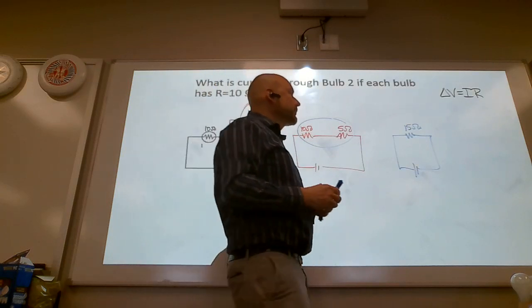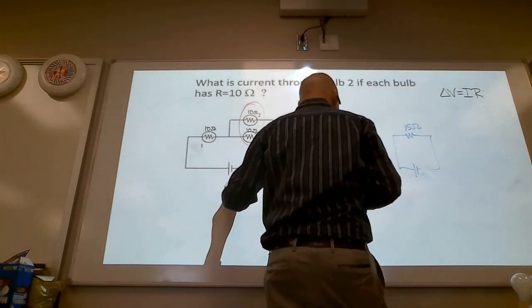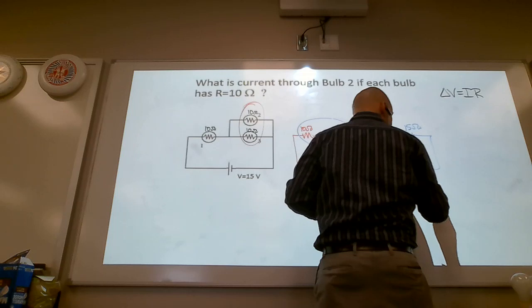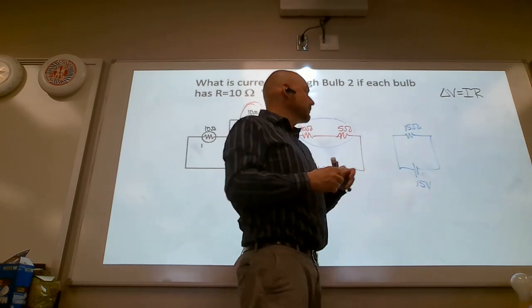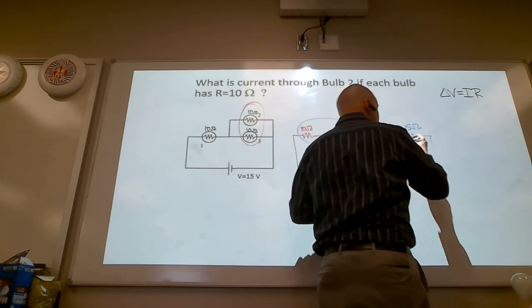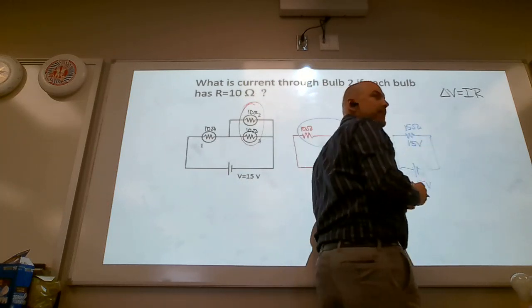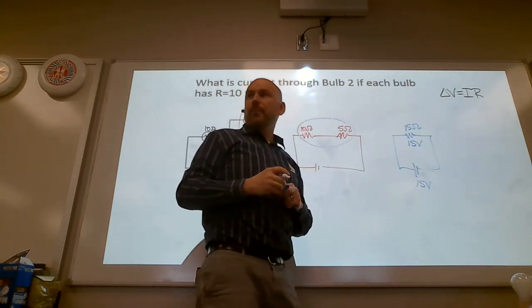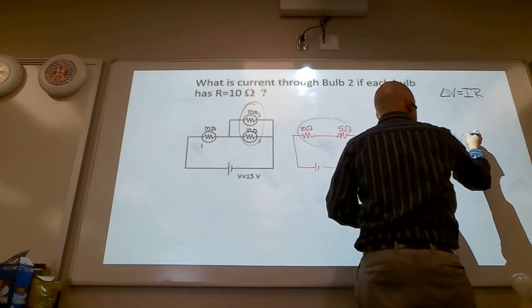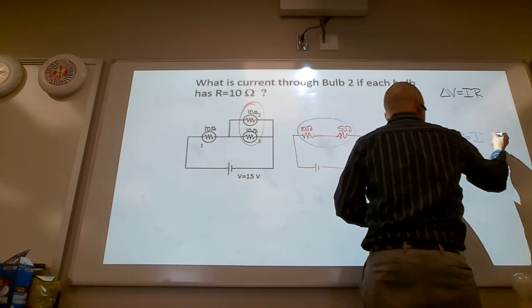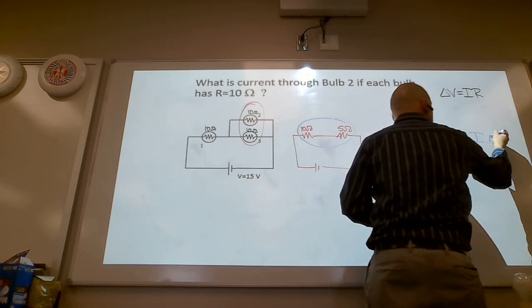Okay, so the problem tells me I have a 15-volt battery. I only have one resistor here, so the voltage gain equals voltage drop. There's 15 volts across here. So I have 15 volts is equal to current times resistance.